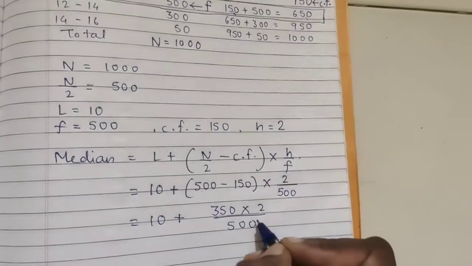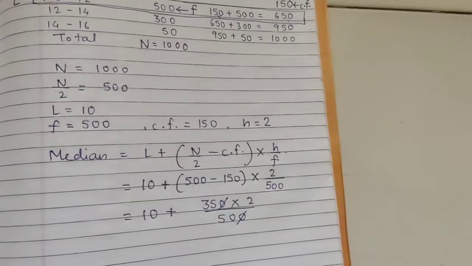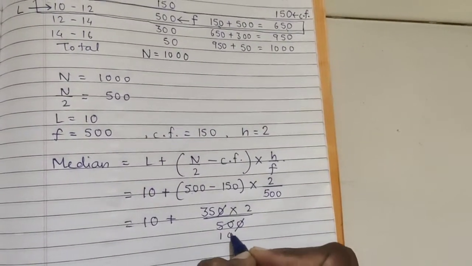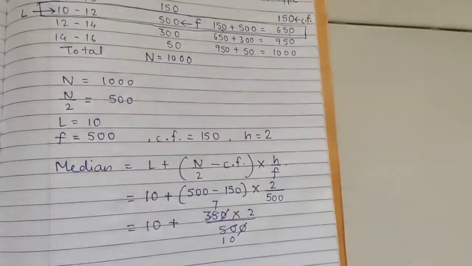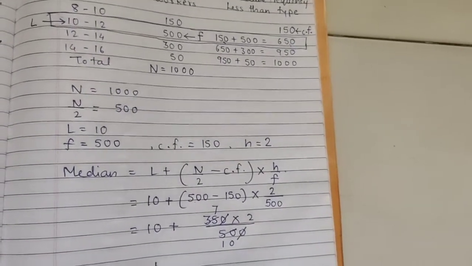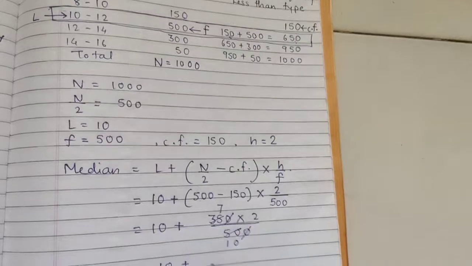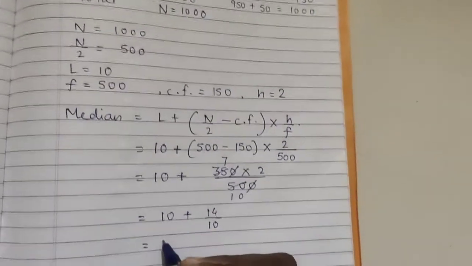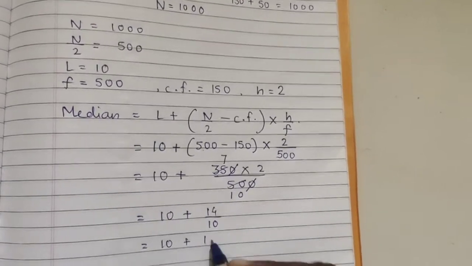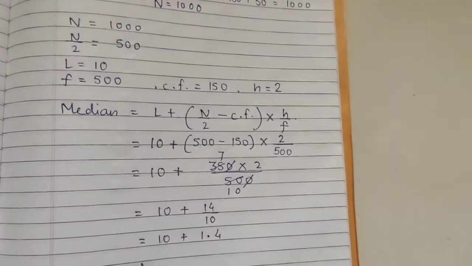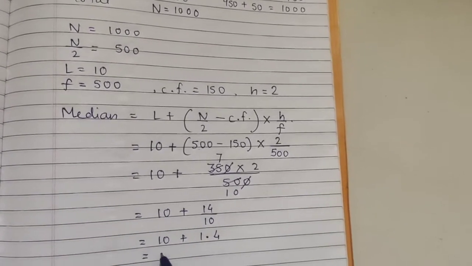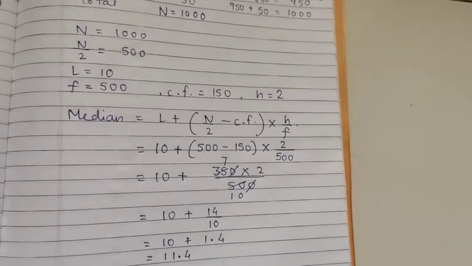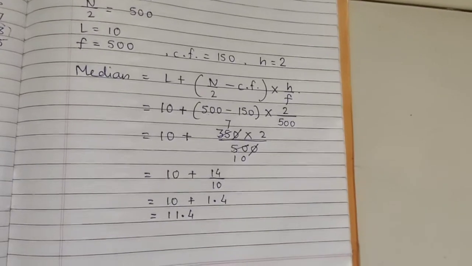Zero cancels with zero. Now cancel by 5: 5 into 1, and 5 into 7. So we get 10 plus 7 twos are 14, upon 10. 14 upon 10 is 1.4, and 10 plus 1.4 gives 11.4. In this way we got 11.4.